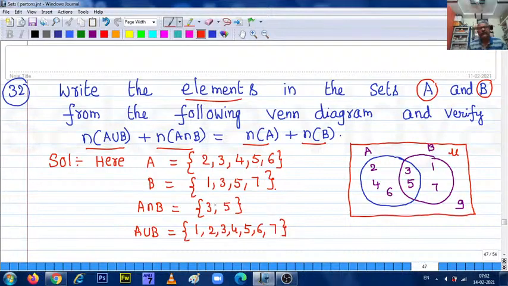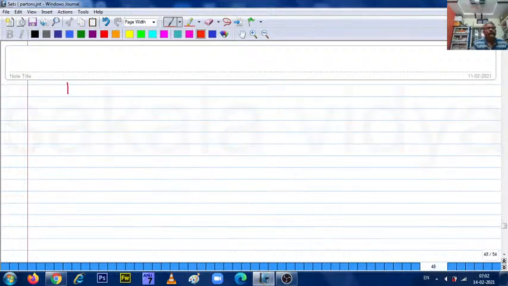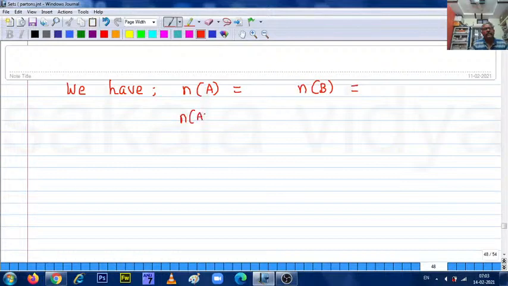In order to verify, we have n of A, n of B, n of A intersection B, and n of A union B to write down. So let us go to the previous page once again.